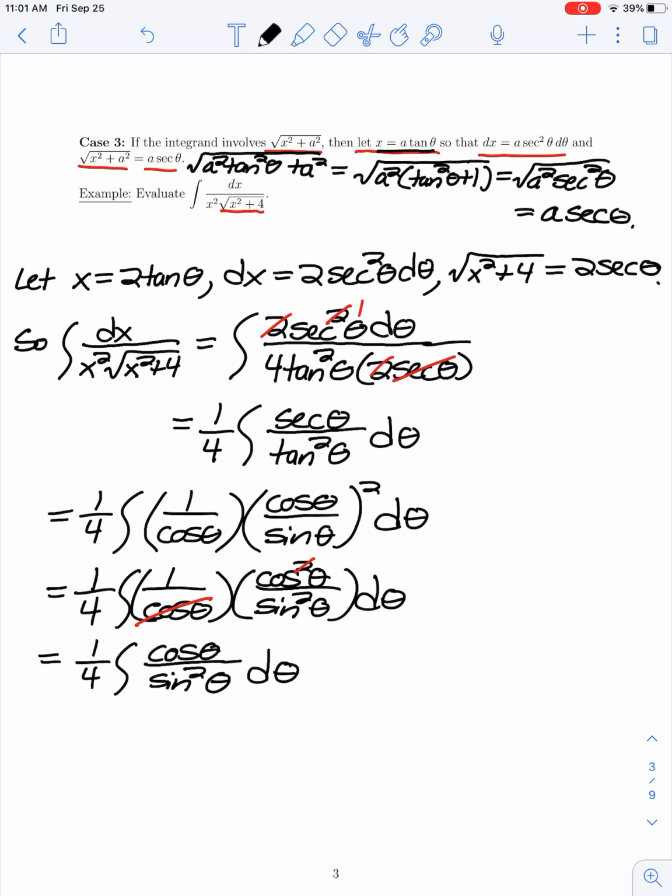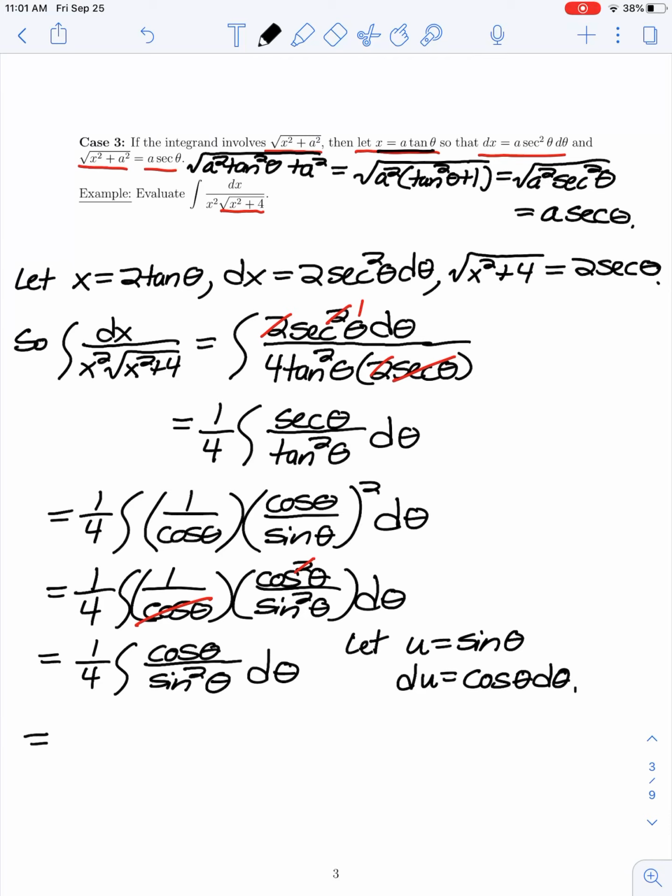So we now have a trigonometric integral involving powers of sine and cosine theta. We see here that we have an odd power of cosine theta, just cosine theta to the first, and everything else is written in terms of sine theta. So using our method of trig integrals, we could make a substitution where u is taken as sine of theta, so that du would be cosine of theta d theta.